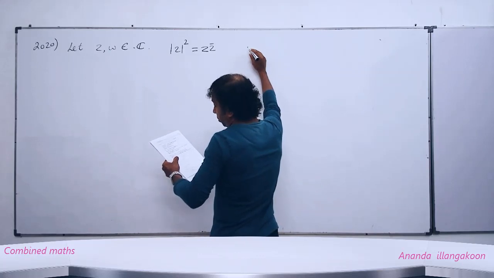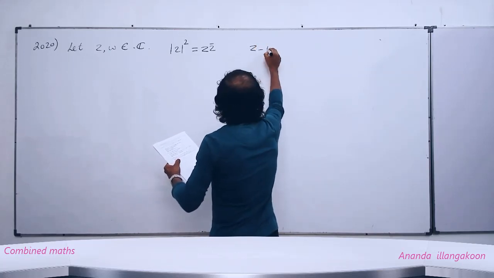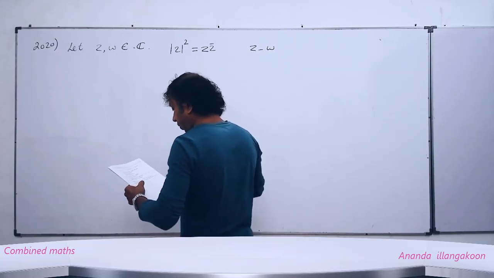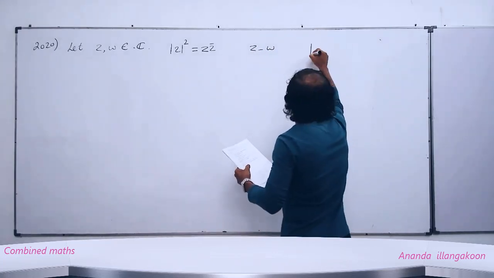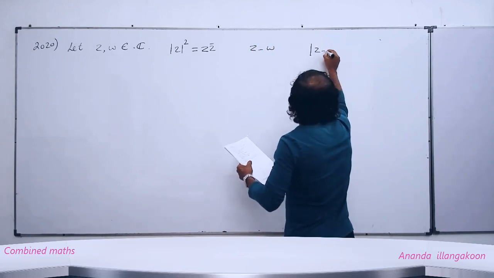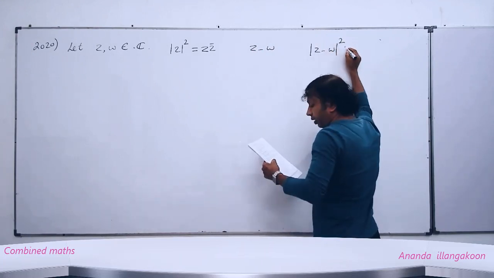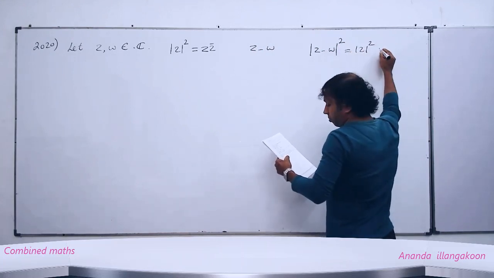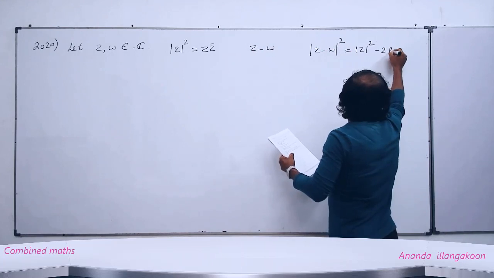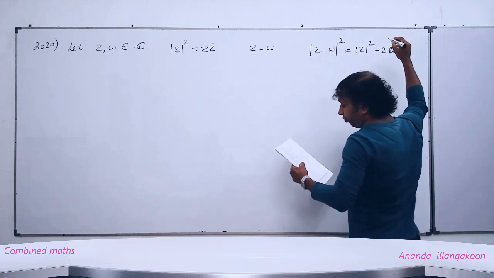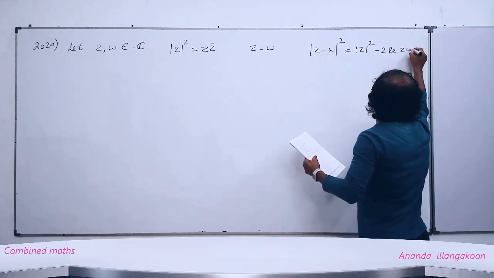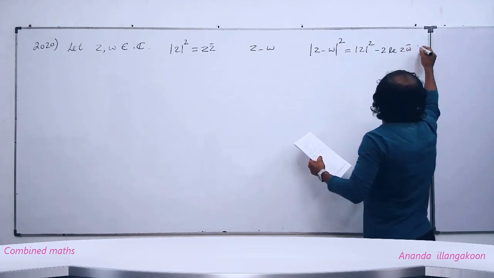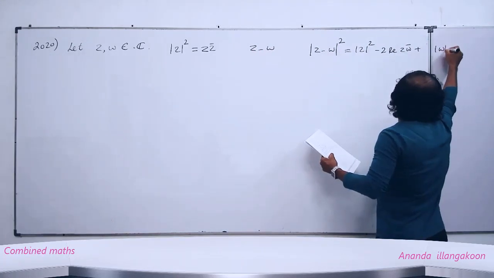And applying it to z minus w, show that mod of z minus w, squared, is equal to mod z squared minus 2 times the real part of z w bar plus mod w squared.